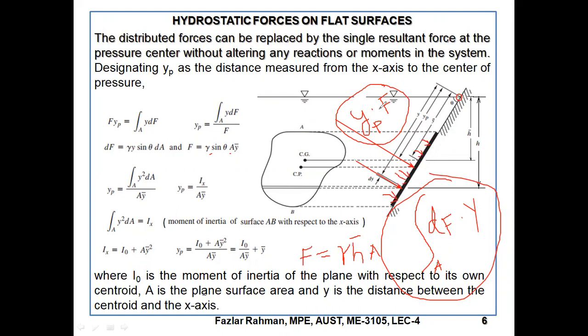And where is it working? Through the center of pressure, which we denoted by yp. So the moment will be yp into F. Now this yp into F is with respect to the resultant force working on the plate. If we think of the small forces dF here, here, and here, all the small arrows working on small areas, the force is dF.